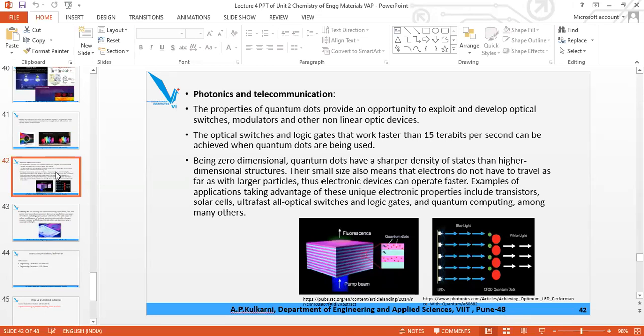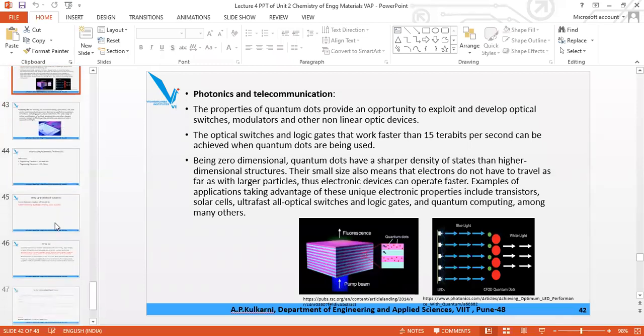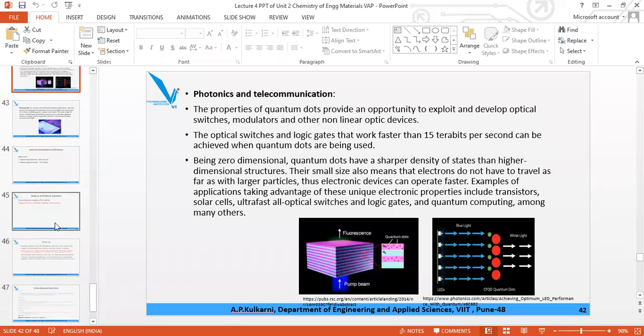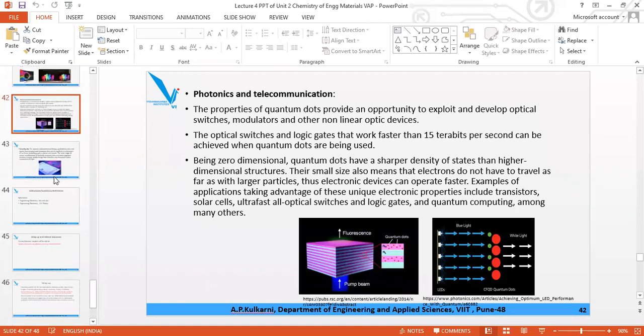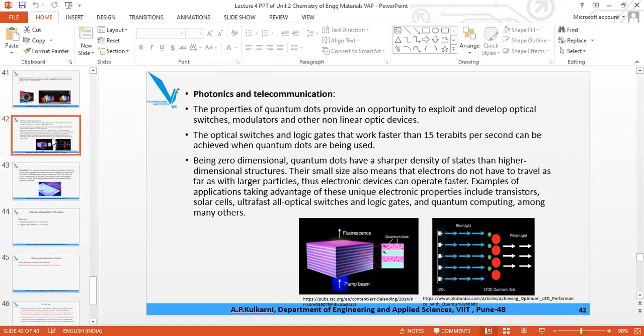Not that polymer. This is nanotechnology, nanoparticle. These three slides that are left, these are also all the applications of nanotechnology, that is also included in the flipped classroom, but I have explained everything nicely. Only what are remaining, 42 and 43.